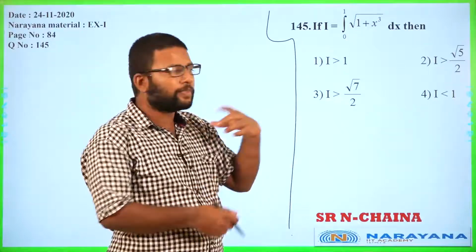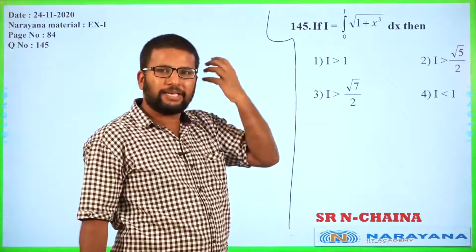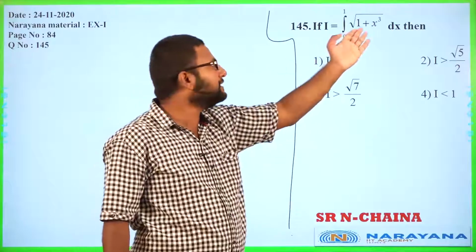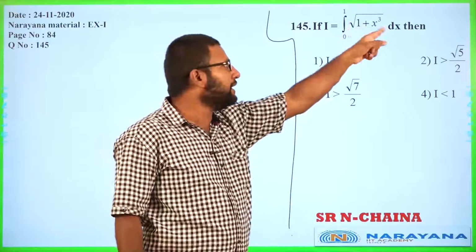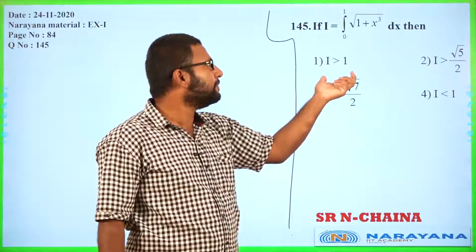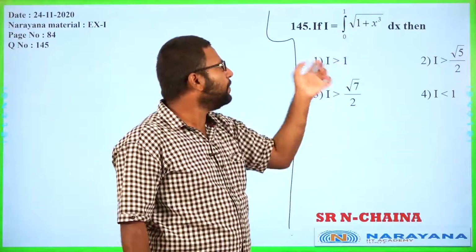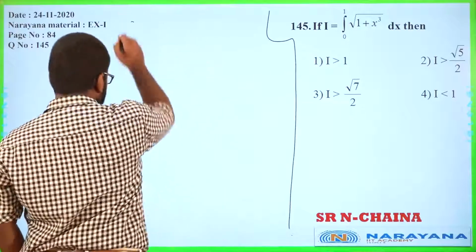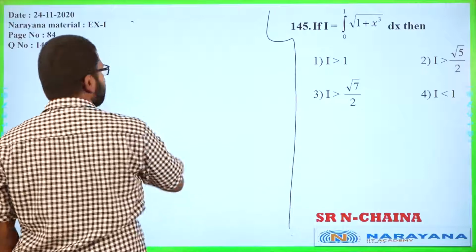With a little bit of practice you will realize that I just need 1. The integral of 1 dx from 0 to 1 is 1 minus 0, which is 1.